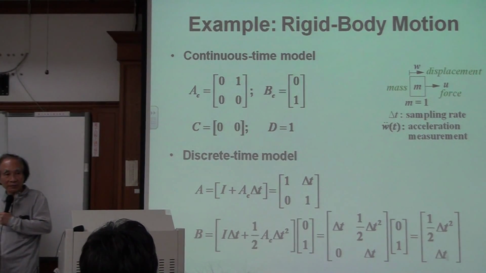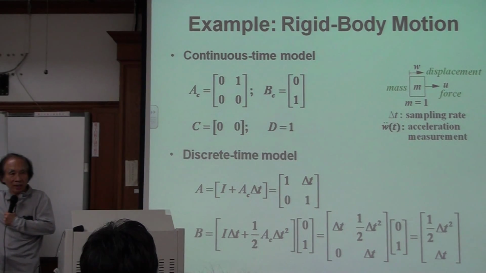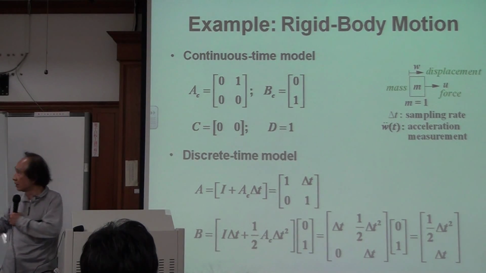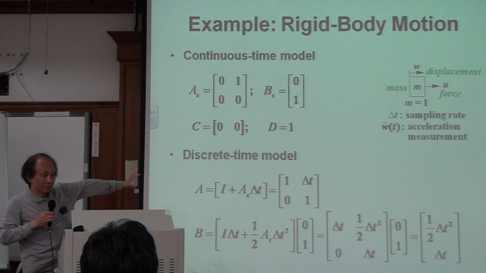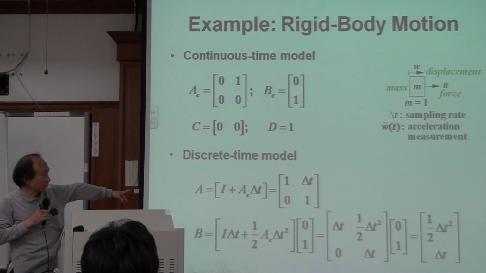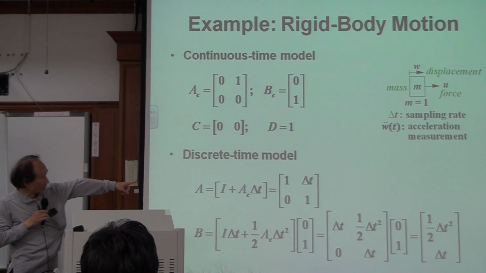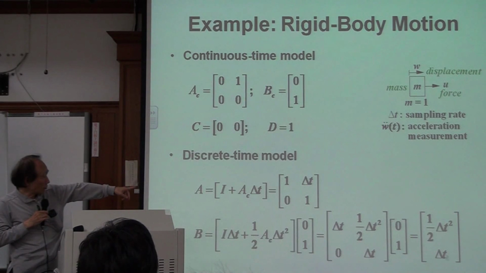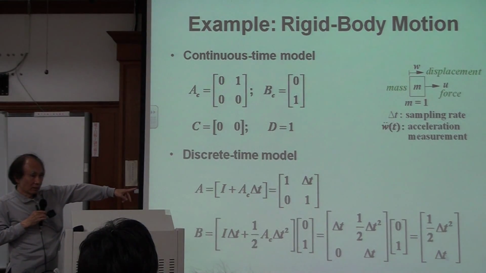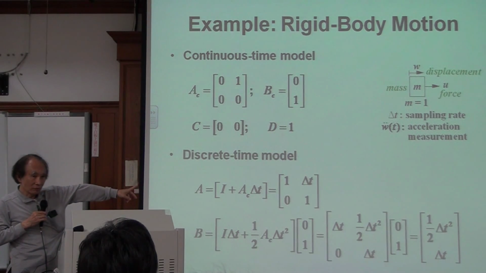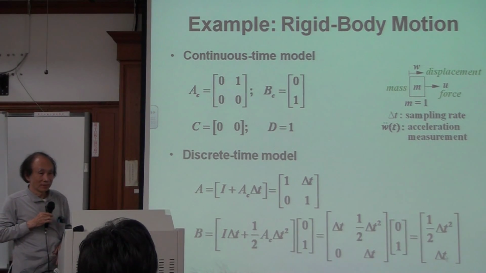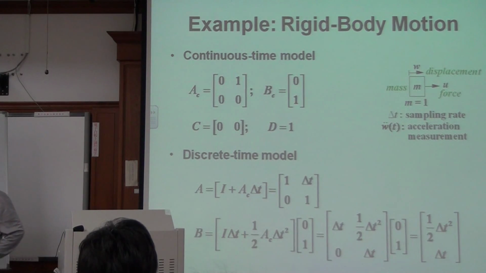If I have a different sample time, my discrete time model will be different. For continuous time, it's nothing to do with sample time. But for discrete time, if my delta t is 0.1, then my A is 1, 0.1, 0, 1. If my delta t is 0.2, it will be 1, 0.2, 0, 1. So all discrete time models are sample time dependent.